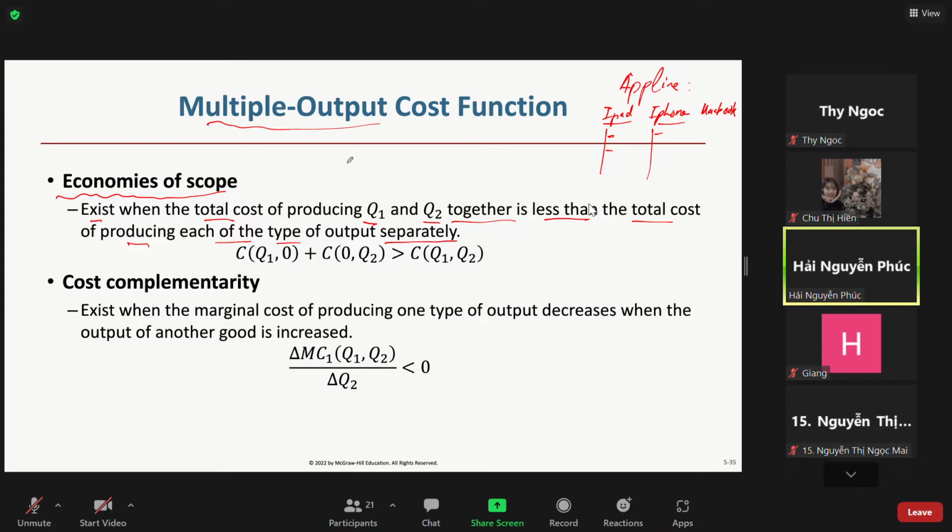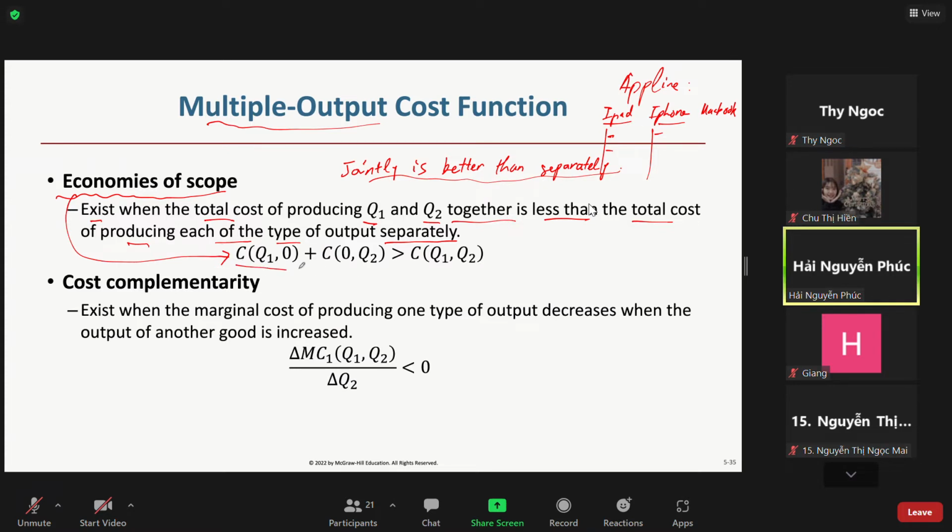So it means that jointly or together is better than separately. All right, it is a key point. Mathematically, the condition for economies of scope can be written down as following.